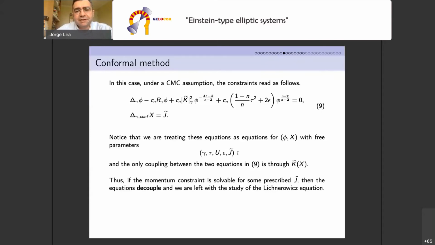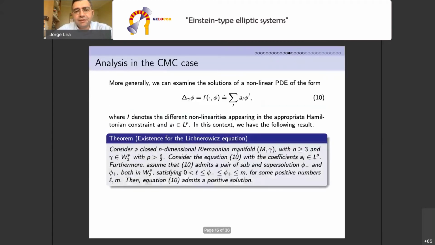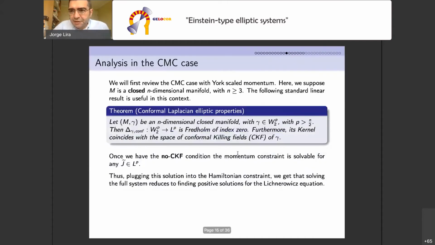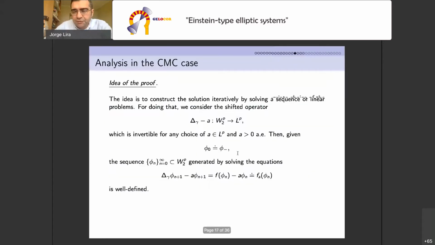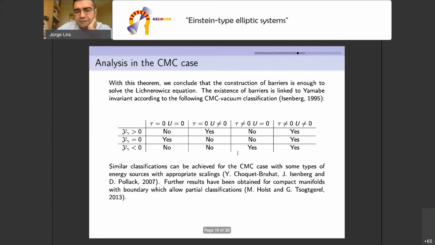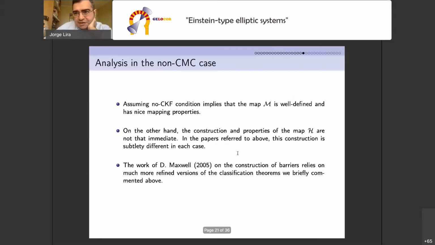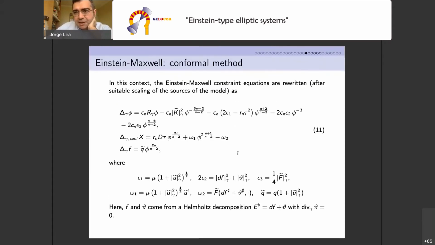Let me just advance a little bit to the last way to present this system you have to solve. That's the system that corresponds to the Einstein-Maxwell coupled equations in this initial value formulation.